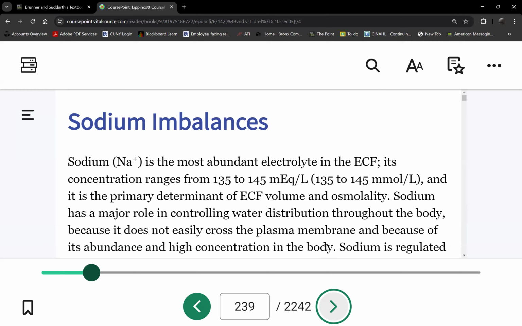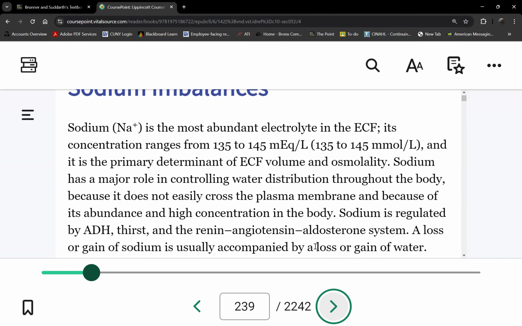Generally speaking, electrolytes are either positively or negatively charged ions, correct? So the job of electrolytes is to generate electricity because of their positive or negative charge. They excite cells, okay, depending on the body system. Okay, so what is sodium?